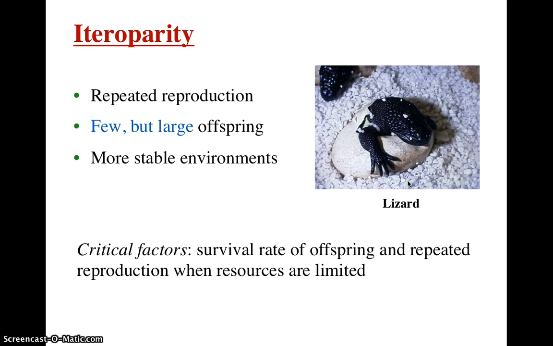It is important to know that the survival rate of the offspring and repeated reproduction in iteroparity happens most often when resources are limited. So they cannot afford to produce a lot of offspring at one time, because for sure the offspring will die off since the resources are limited.